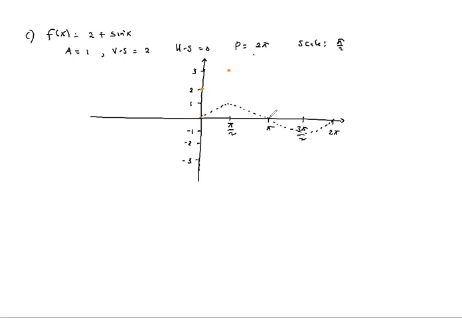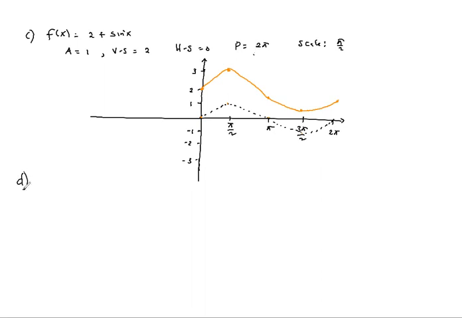This point will move to 2. And this point will move to 1. When I add negative 1 plus 2, I'll get 1. And that point will move to 2. So the graph of this is going to be here. So that's how you graph sine, following the shifts.